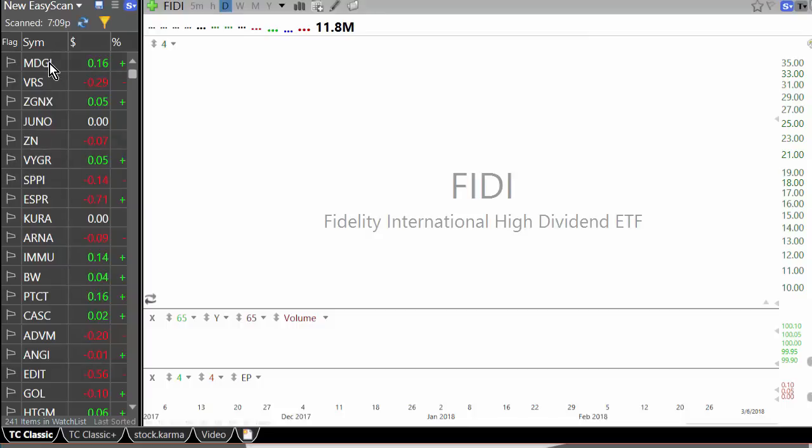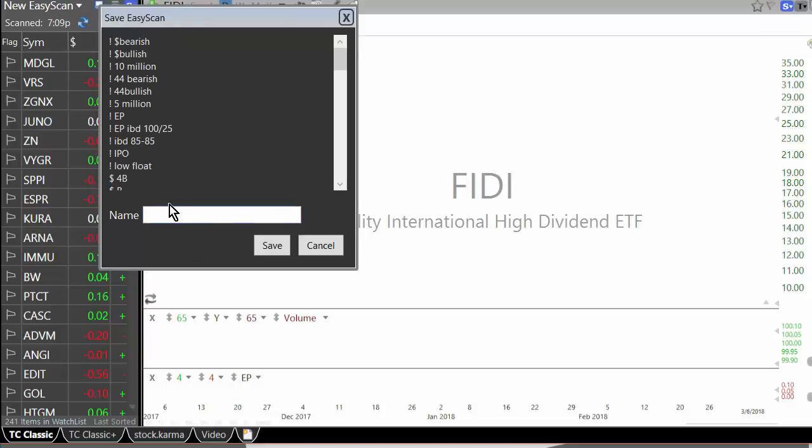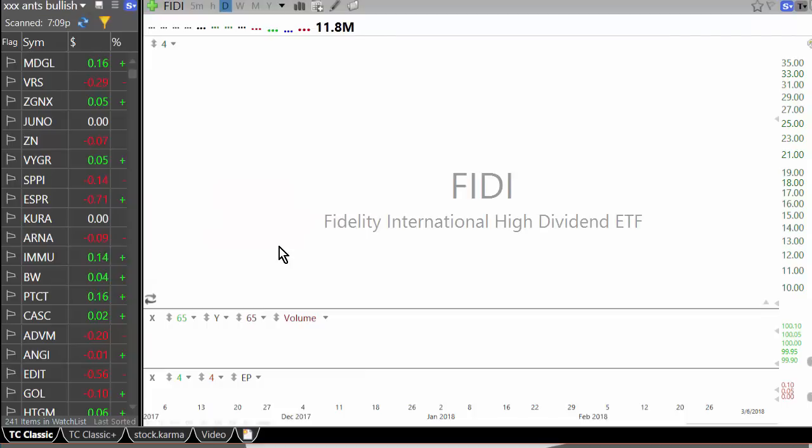This is how you set up this scan, and then you save this scan as whatever you want, like XXX and bullish. So this one is the one which is shown as bullish anticipation scan.